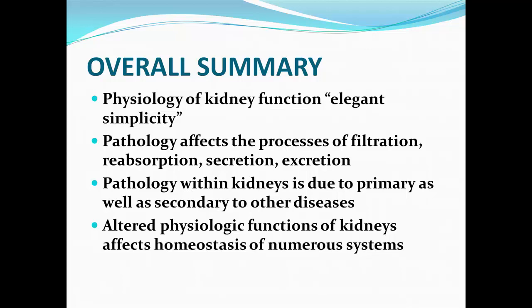When we have an alteration in pathology, it affects the processes of filtration, which remember is at the glomerular level, and also reabsorption, secretion, and excretion, which are at the tubular level. Pathology within kidneys is primary as well as secondary to other diseases, so we want to be able to differentiate those. And I cannot say enough, if you alter the physiologic function of the kidneys, you will affect the homeostasis of numerous systems.